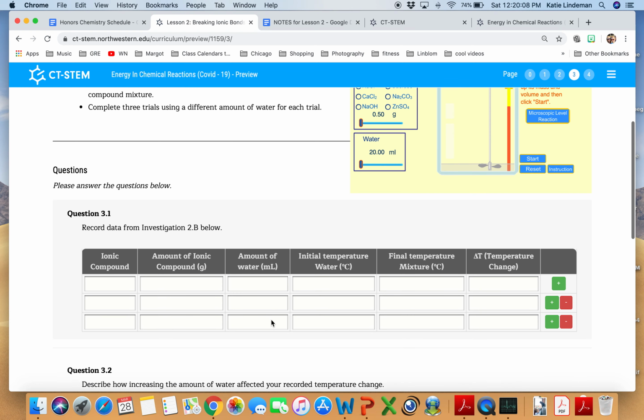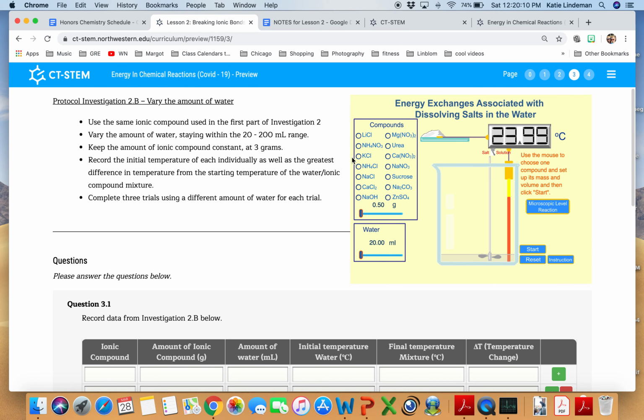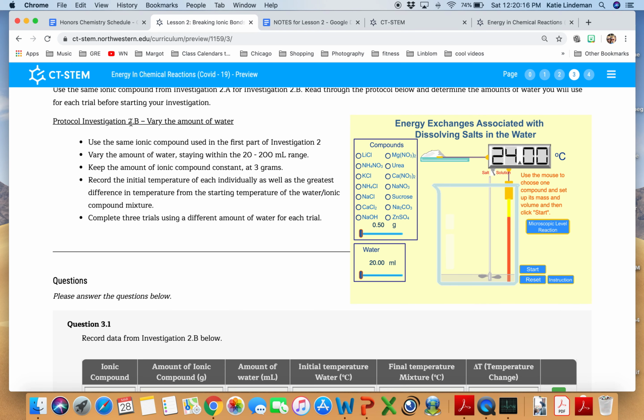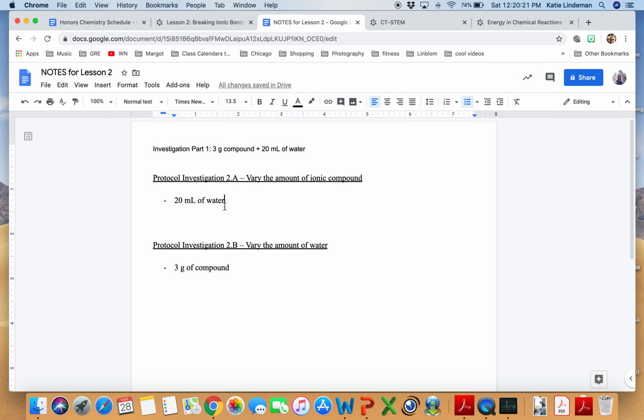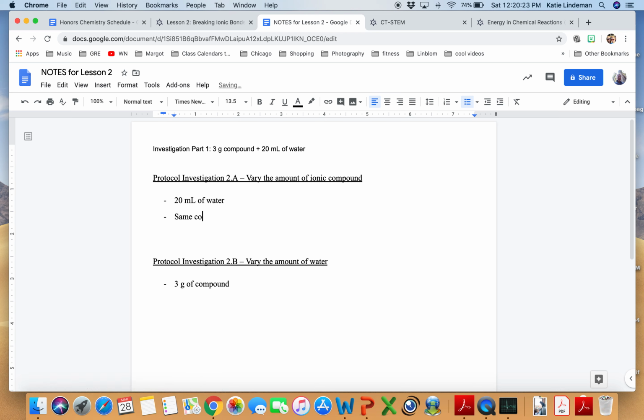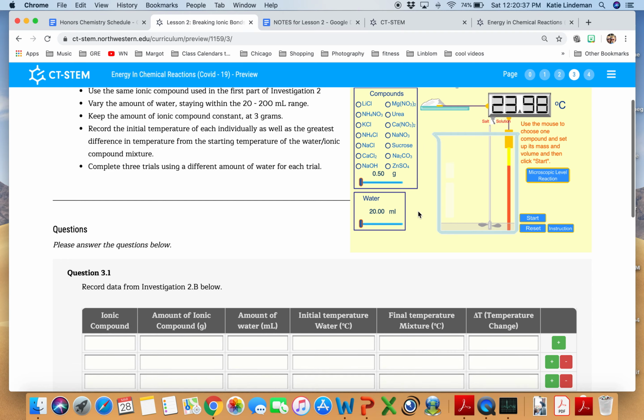Same thing: you want to pick the exact same ionic compound as you picked in 2A. So 2A and 2B have the same compound. Whatever compound you picked for 2A, make sure you pick the same compound for 2B.